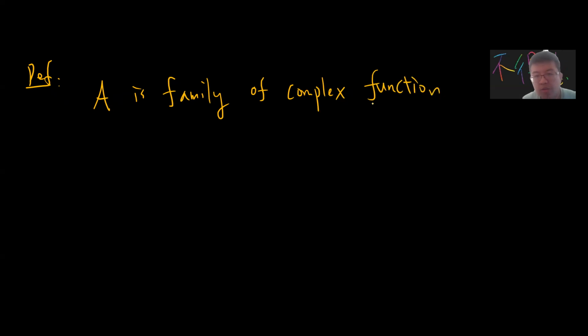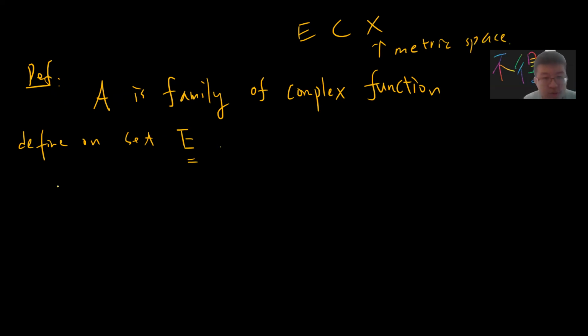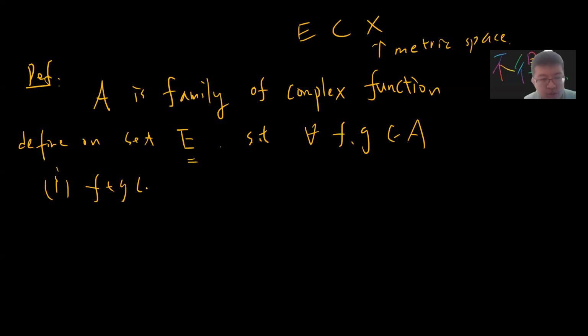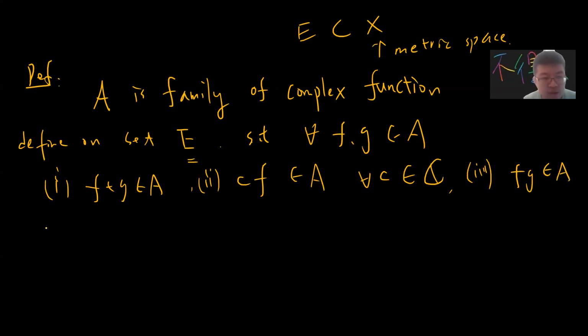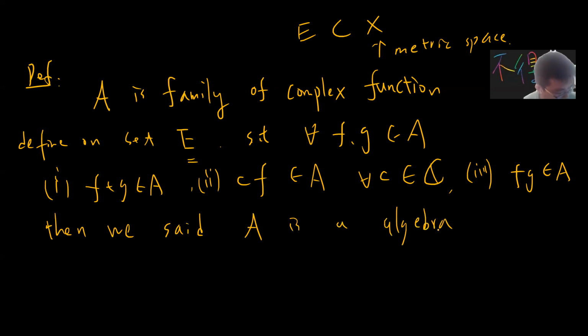Okay, so definition. Let's say A is a family of complex functions, so basically just some complex functions, defined on a set E. In my setting, E is just some subset of a metric space X. And we have: one, for all f, g belonging to A, f plus g belongs to A; the second is that cf belongs to A for all c a complex number; and the third is that f times g belongs to A. Then we say that A is an algebra.